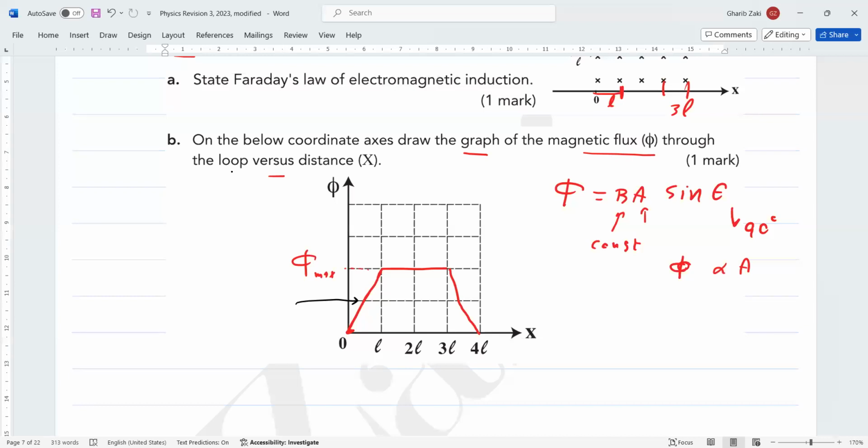Now, why is it a straight line? Because the velocity is constant, the movement is with constant velocity, so phi increases at a constant rate. Now, let's label this O, A, B, C, and study this graph.